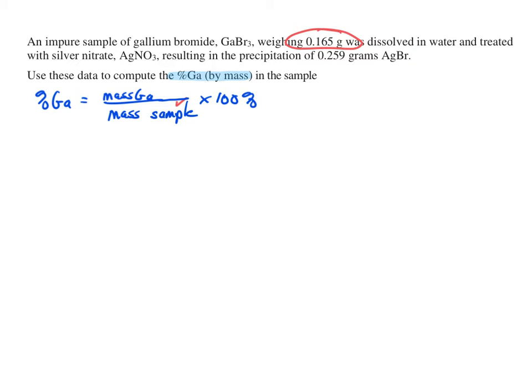Now we go back to the statement of the question to figure out how we can get the mass of gallium. Well, what they give us in the sample is the mass of AgBr that was precipitated from this sample.